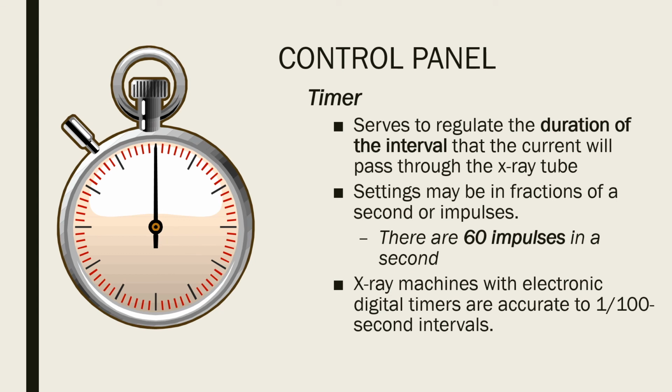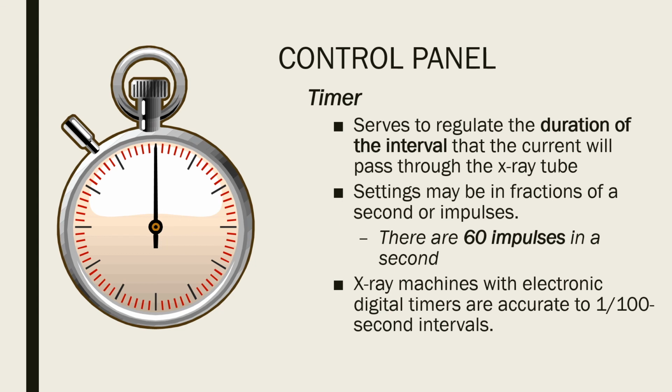So looking at our X-ray machine, since electricity is the source of energy, the current comes in impulses instead of a steady stream of electricity or radiation. Those impulses are measured. We have 60 impulses per second, and you need to know that. We also have electronic timers on our modern units that are very accurate, that they can measure 1/100th of second interval.